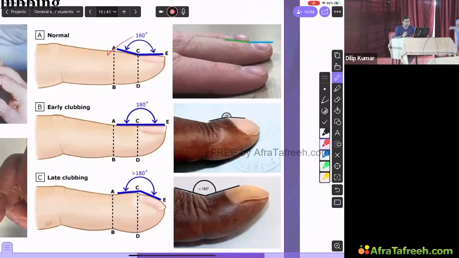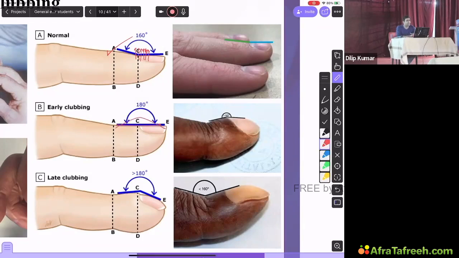It's the angle formed between the nail and the nail bed, the proximal nail fold versus the nail. So that is the normal angle. And the problem is, as the connective tissue starts proliferating from below, this angle will become either straight or it can become like this also.